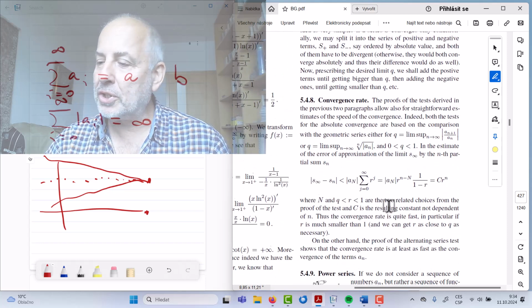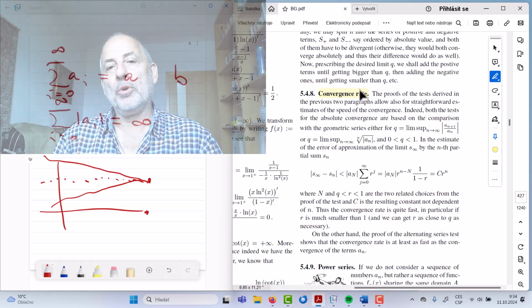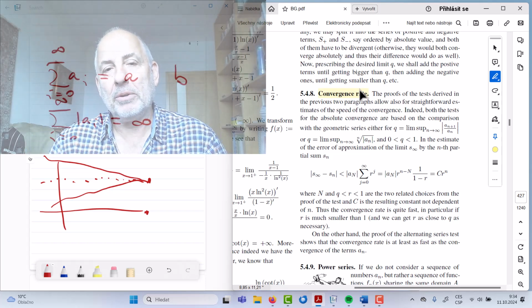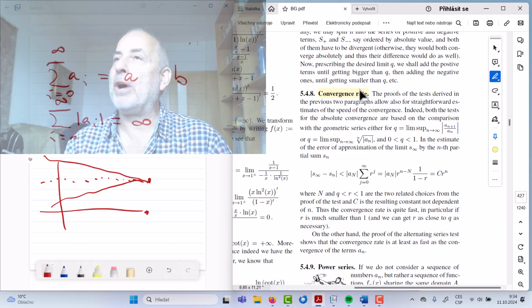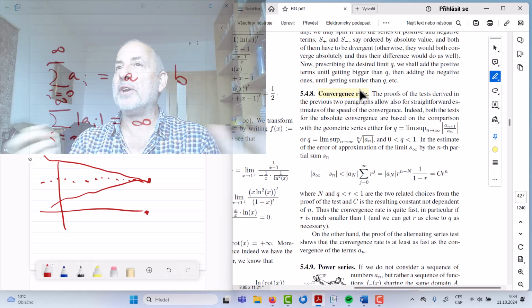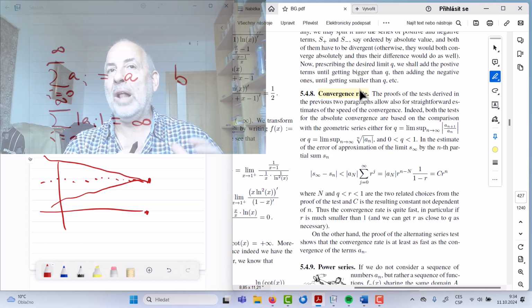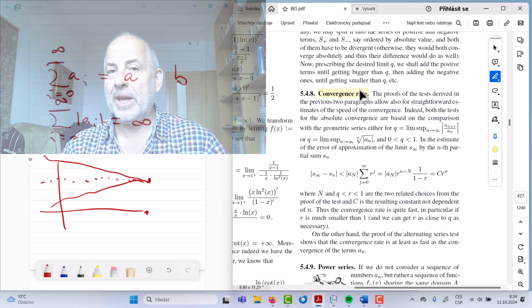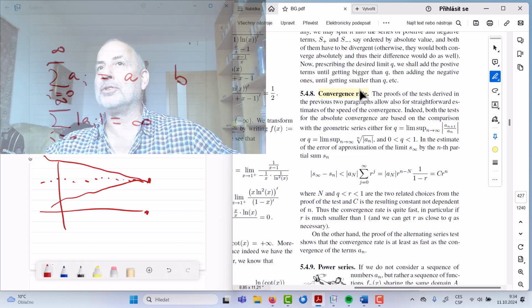It's also interesting to answer the question how fast the convergence is, because the convergence rate is something we are really interested in. In numerical analysis, if you work with your data, you want to know how well you compute, so you have to know where to stop in counting the partial sums.